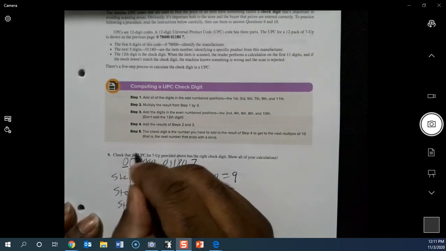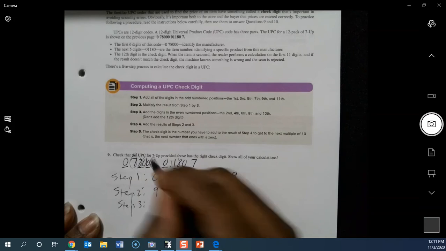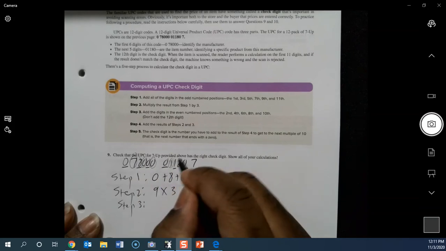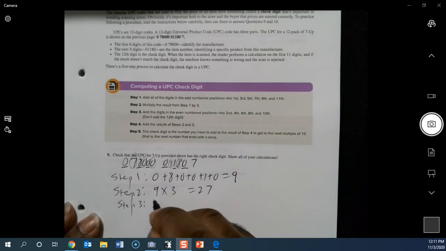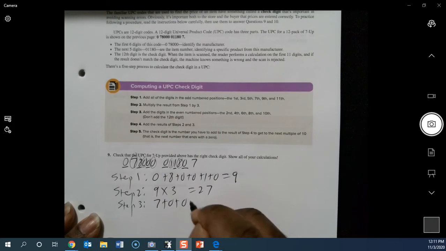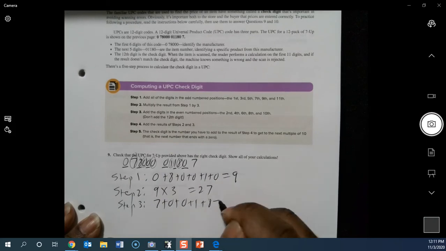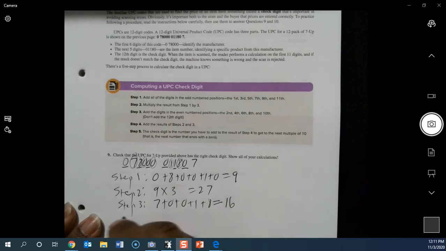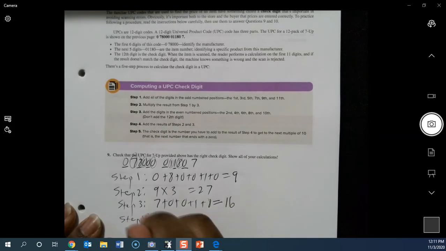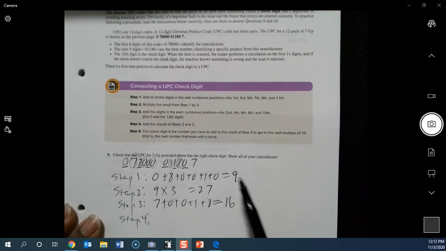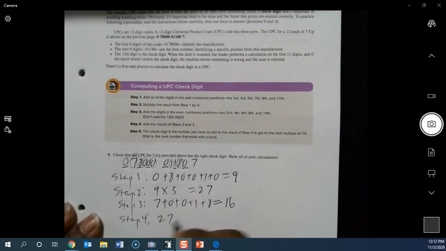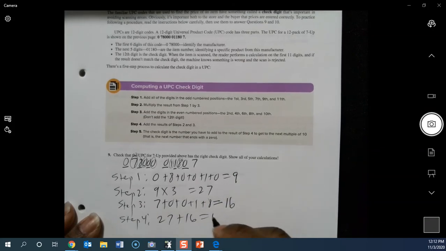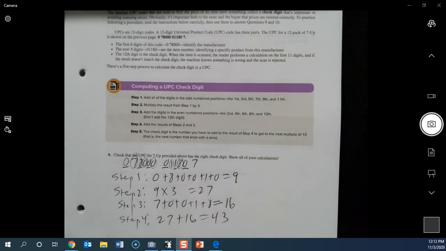So that'll be 7, 0, 0, 1, 8. Now when we add all of this up, it gives us 16. So step 4, we're supposed to add step 2 and 3 together. So it'd be 27 plus 16, which is 43.